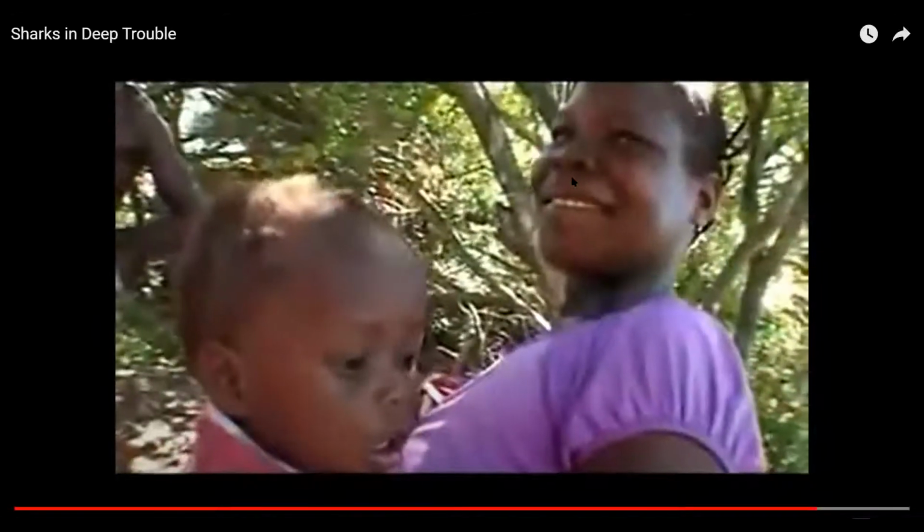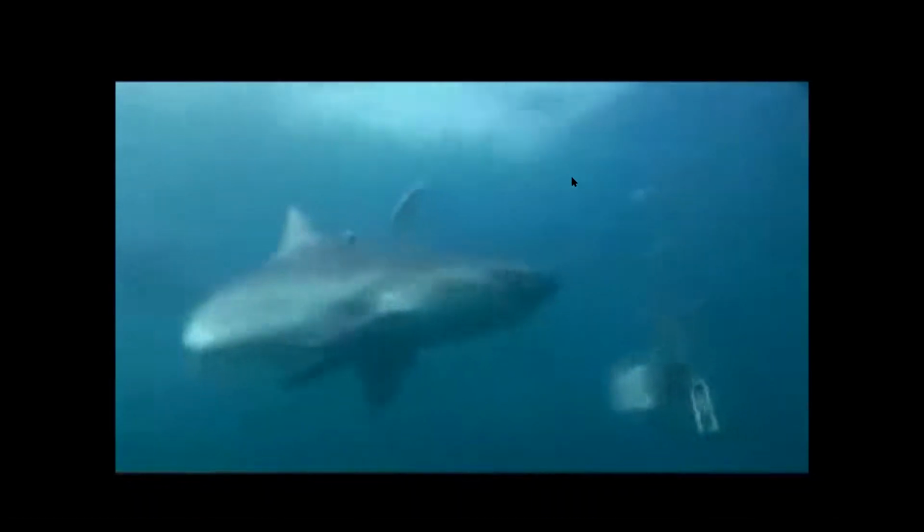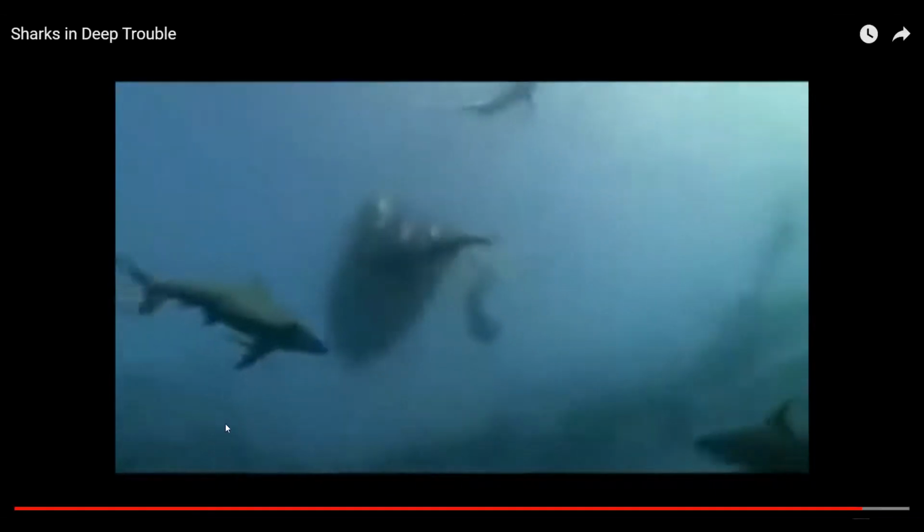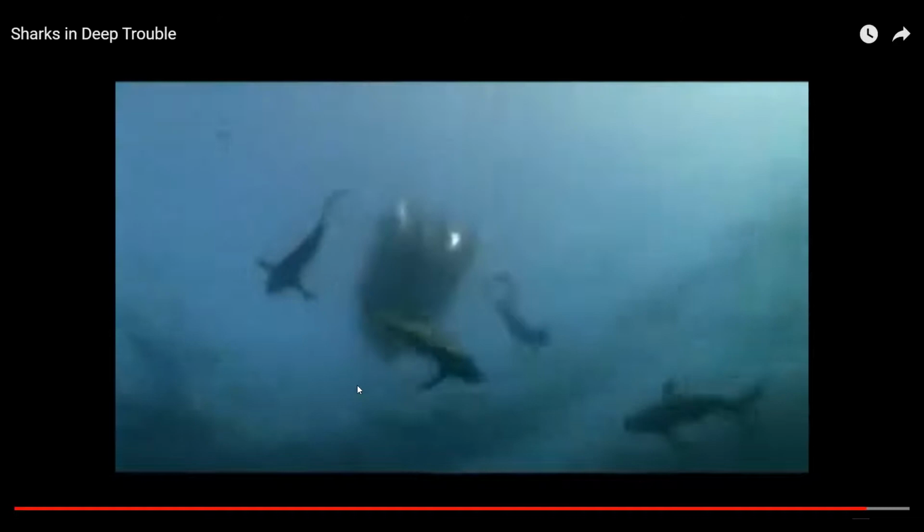Everything is connected. Since sharks play such an important role in keeping the marine ecosystems in balance, if the oceans are depleted of them, it will have severe repercussions on the millions of people that depend upon the oceans for food. We need our sharks for these reasons, and for the simple joy of knowing that some of the most highly evolved animals in the world are still out there.